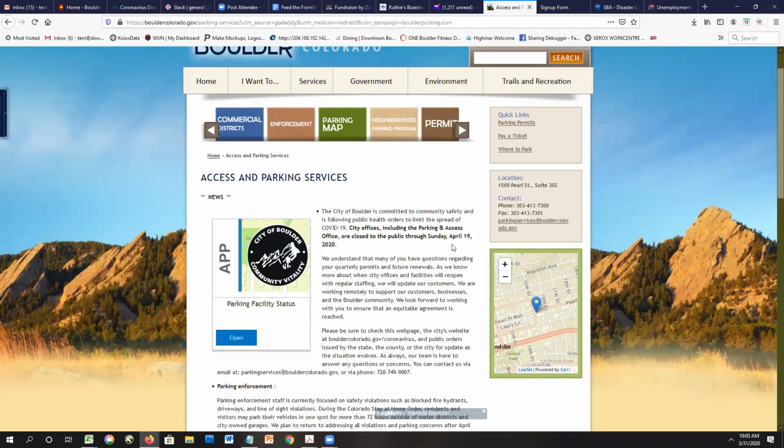Right now, the free parking in the city garages goes through April 19th. As of the 2nd, they're planning to reopen city offices on Monday, April 20th at this time. So we'll give you guys updates if there's been any additional changes to parking.